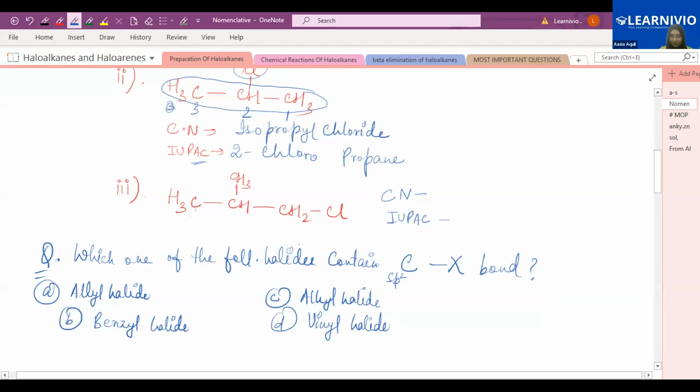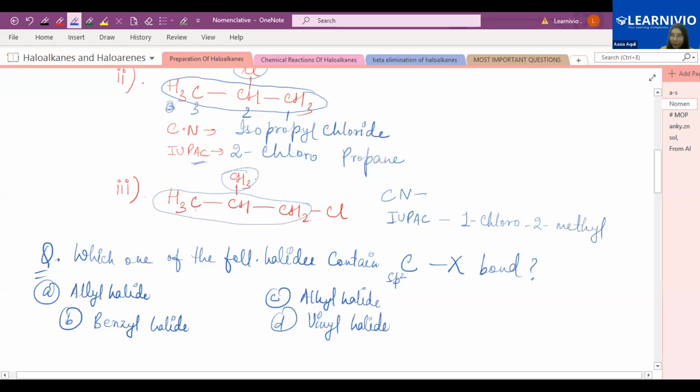One... yes, it's an IUPAC name, right? One chloropropane. Are you sure? And what about this? One chloro, two methyl.